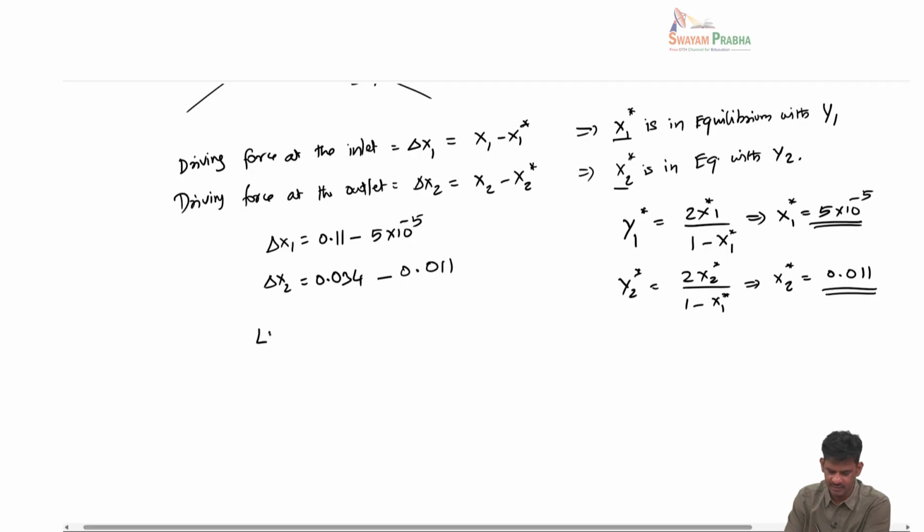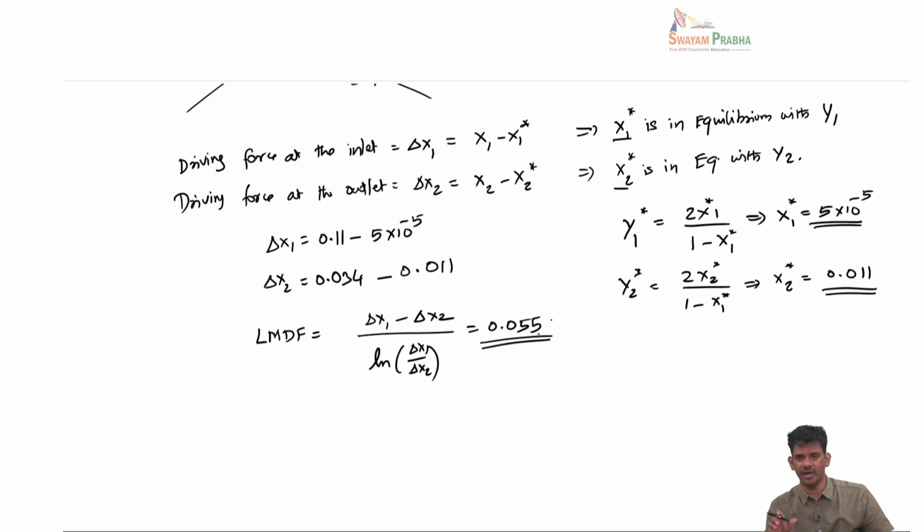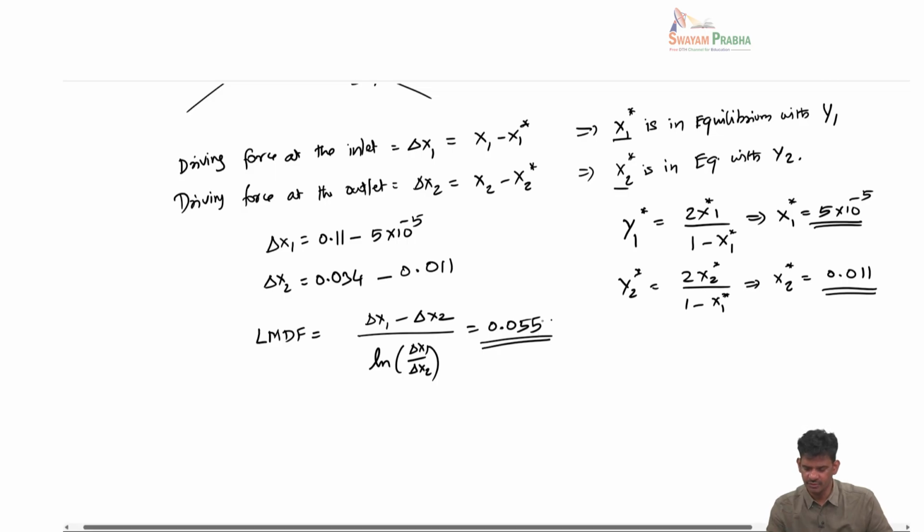So from here we calculate the log mean driving force difference as delta x1 minus delta x2 over ln of delta x1 by delta x2, and this comes out to be 0.055. Okay, so the log mean driving force existing in this particular co-current operation is 0.055 in terms of difference in the mole ratios.